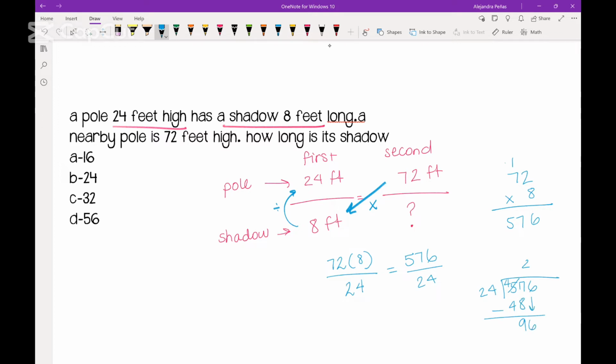And I believe that's going to be 4, but let's double check. 24 times 4 is going to be 96. Yes. So it's going to be 4. So that means that the length of the shadow of the second pole is going to be 24 feet.